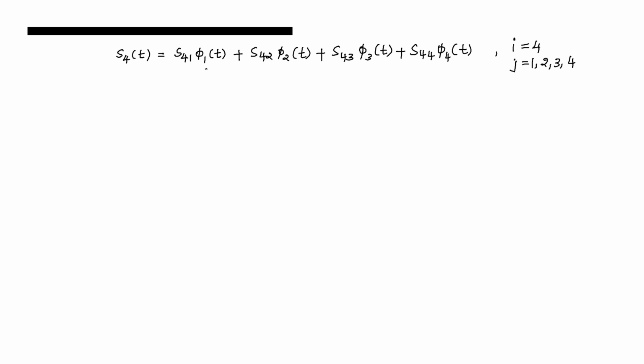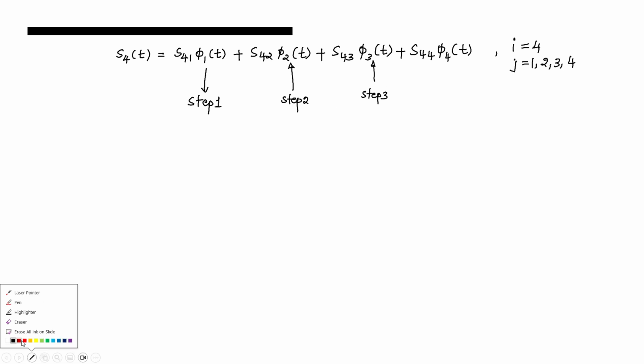Here phi 1 of t is known or calculated from step 1, phi 2 of t is calculated from step 2, phi 3 of t is calculated from step 3. So which are not known here? These values are not known: S41 is not known, S42 not known, S43 not known, and S44 is not known.